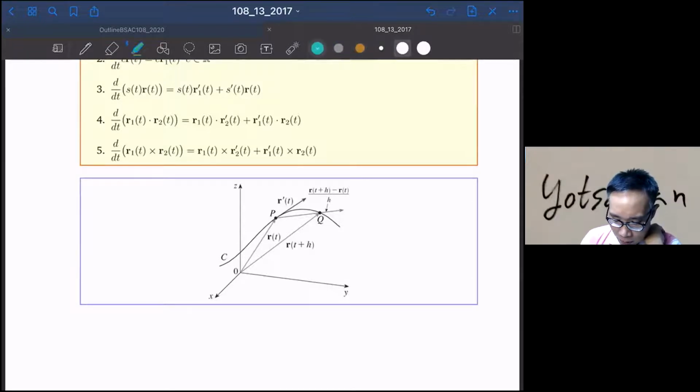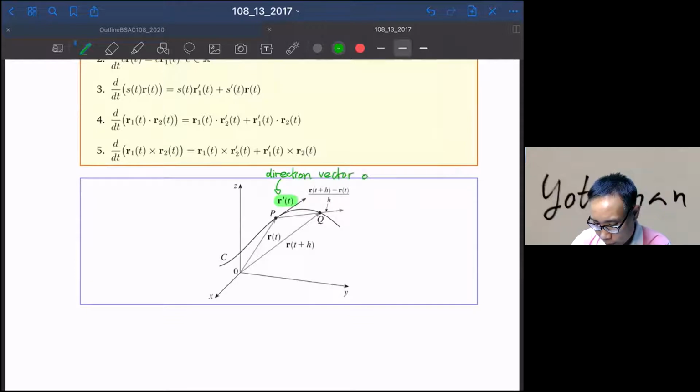However, it's the line in three dimensions. So I'm going to say that r prime t will give you the direction vector of the tangent line.